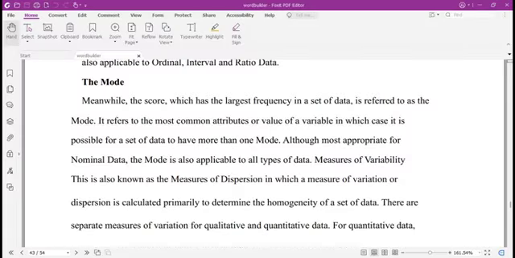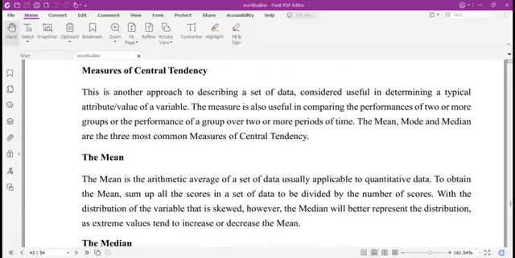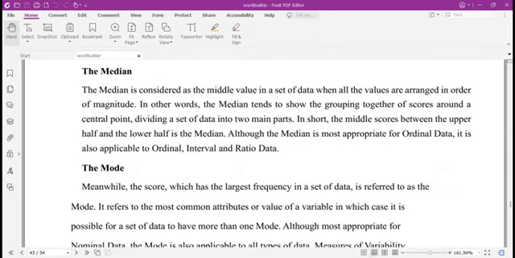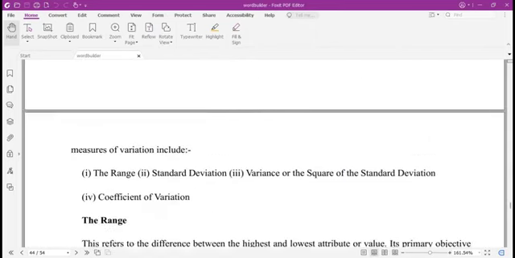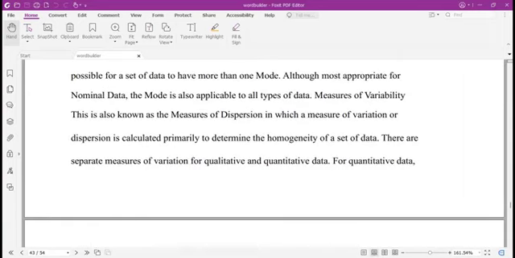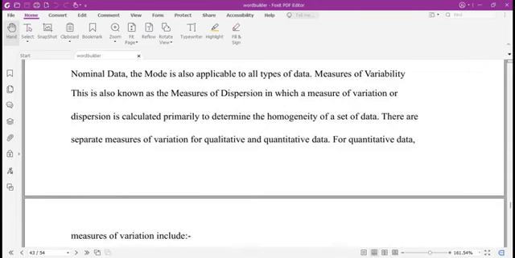Alright, having looked at the mean, the median, and the mode, let's go through the measures of dispersion. We have separate measures of variation for quantitative and qualitative data.